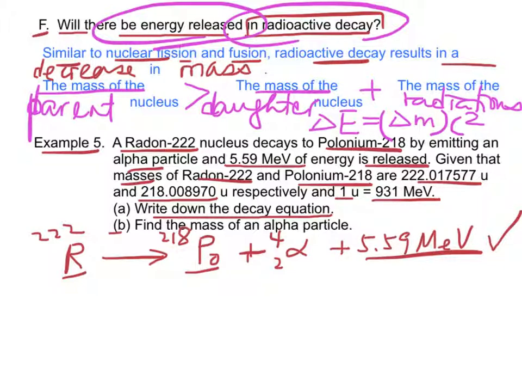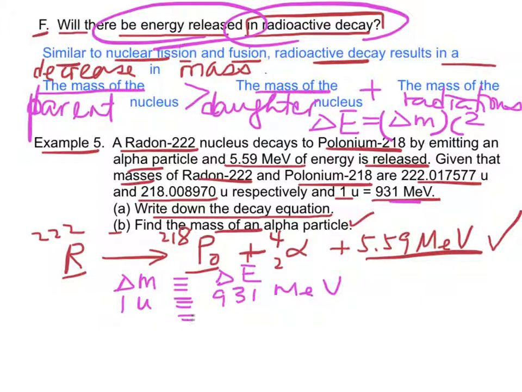Part B, find the mass of an alpha particle. We see that a change of mass of 1 U is equivalent to a change of energy of 931 MeV. Now, the energy released is equal to 5.59 MeV. Then, what is the mass decrease?